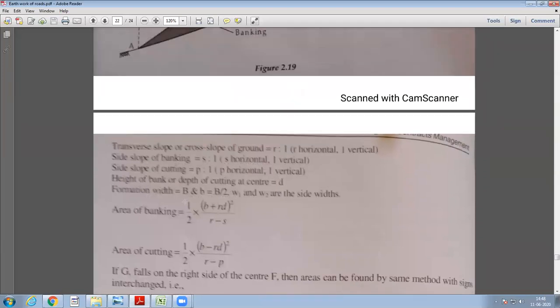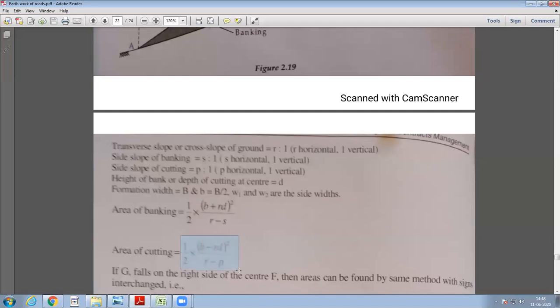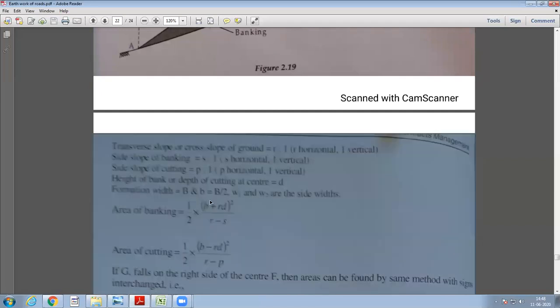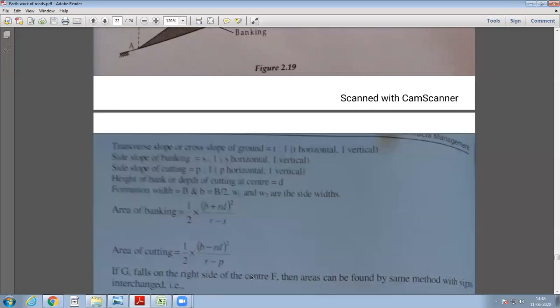Then area of banking should be considered as half into b plus r d whole square by r minus s, and cutting is the same formula with r minus p. For banking it should be positive and for cutting it should be negative, and s is the slope of the banking and p is the slope of the cutting.